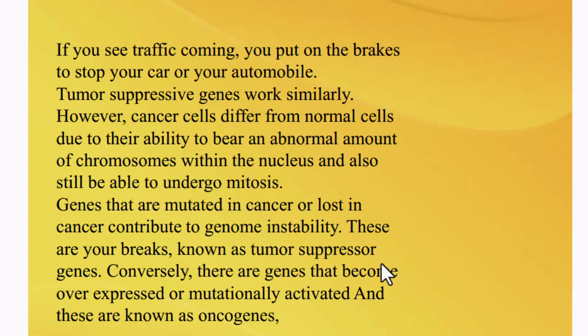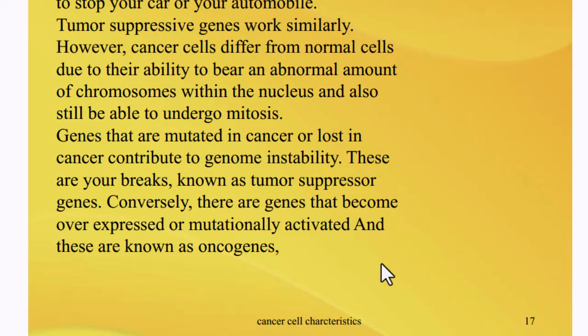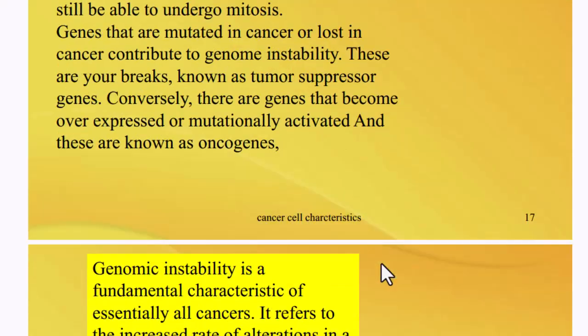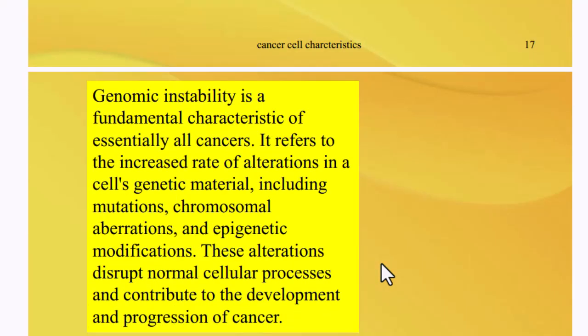Genes that are mutated or lost in cancer contribute to genome instability. These are your brakes, known as tumor suppressor genes. Conversely, there are genes that become overexpressed or mutationally activated, and these are known as oncogenes.